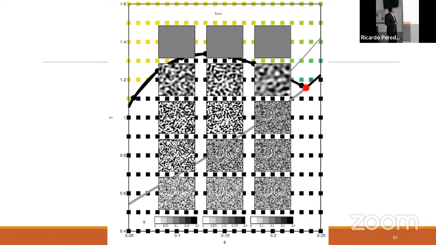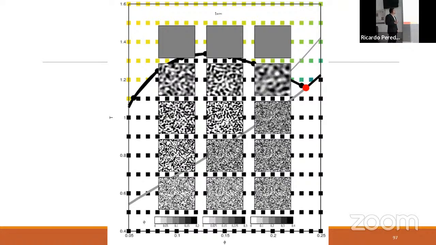For example, for the gel-like region, which is this region over here between the solid line and the gray line that we were just showing you in the other diagrams, the spinodal decomposition processes take place, but at some point, because the diffusion of the particles becomes very, very small, they stop diffusing and end up forming morphologies such as the ones we are displaying right now, in which very large heterogeneities can be found for the mean density value of each of the boxes.